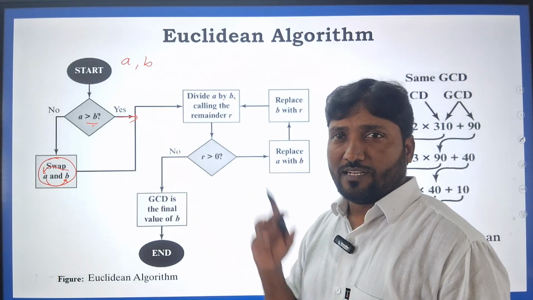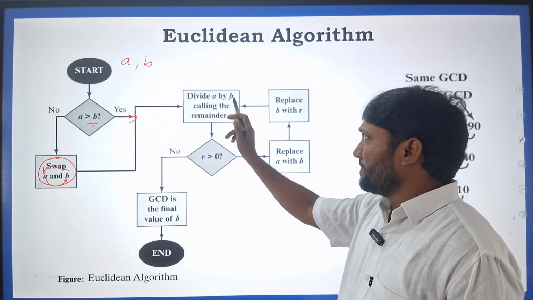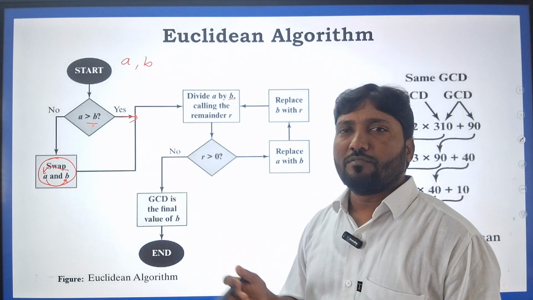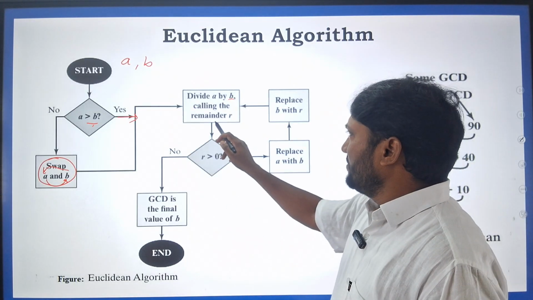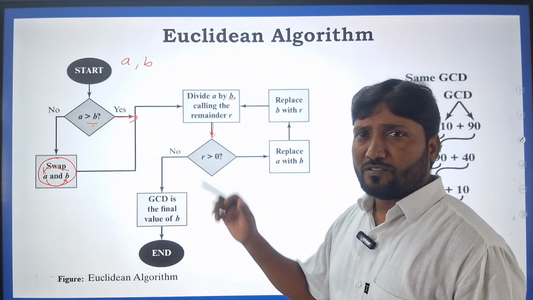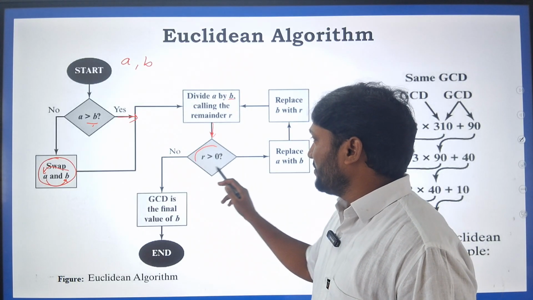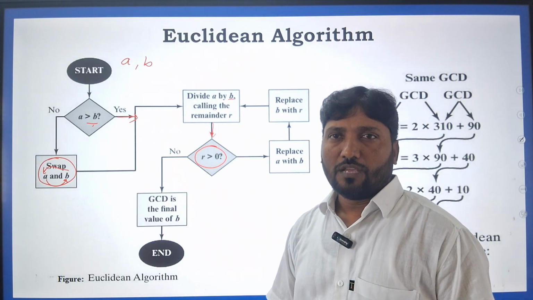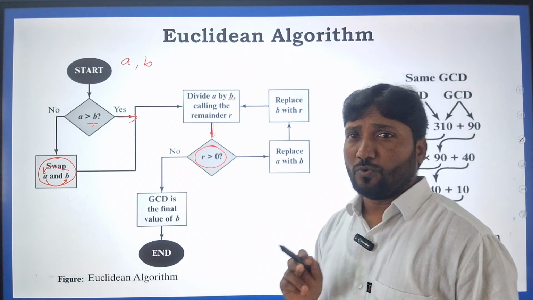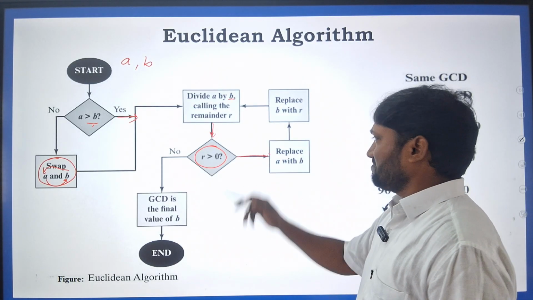Now if a is greater than b, then we divide a by b, applying the division algorithm. Now you have to remember the remainder. If the remainder is greater than 0, now come to here.